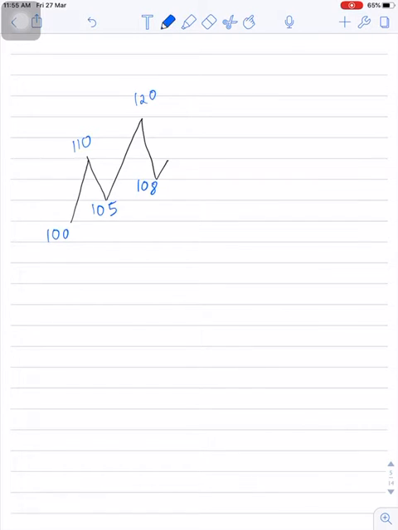Now again it went up, made a top of 110 and then it fell. So in this case you can see the low of the left shoulder and the low of the head are at different levels. The low of the left shoulder is 105 and the low of the head is 108. So we have an upward sloping neckline in this case, and this is the right shoulder.